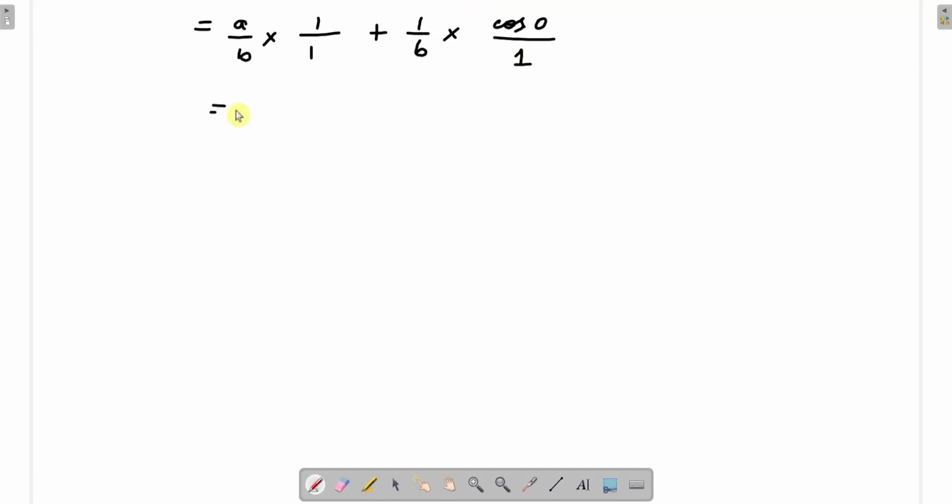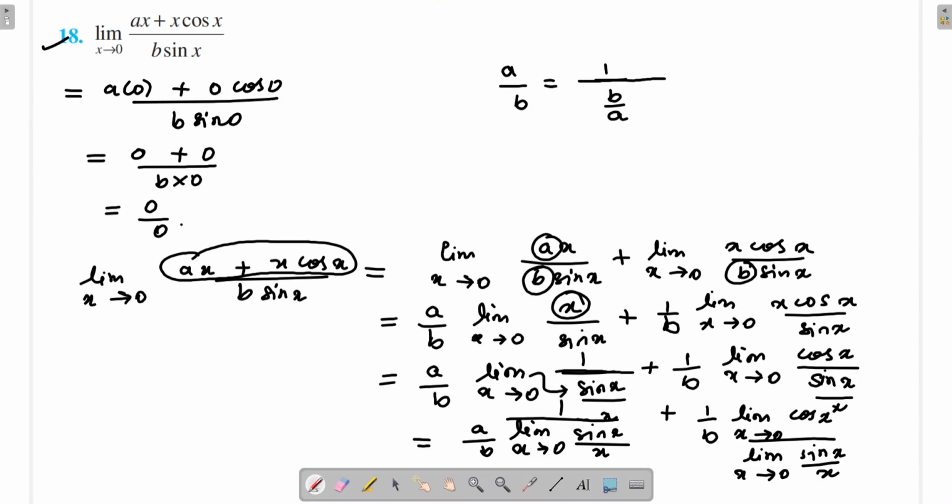Okay, this will be equal to a by b plus 1 by b times 1 by 1. Cos of 0 is 1, right? This will be nothing but a plus 1 divided by b. So this is the answer. Okay, that is the answer for the 18th one.